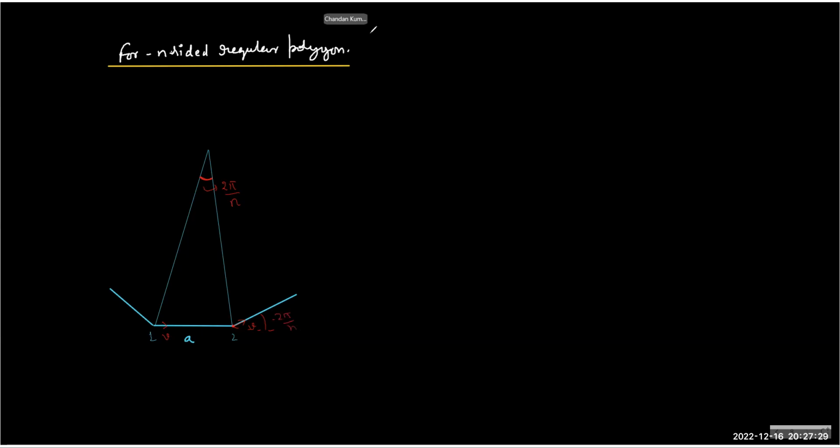So what is the velocity of approach, guys, here? For particles 1 and 2, what is the V approach? V minus V cos of 2 pi by n. Correct?